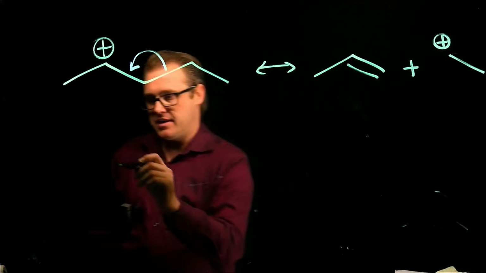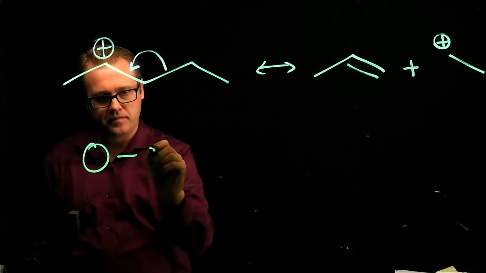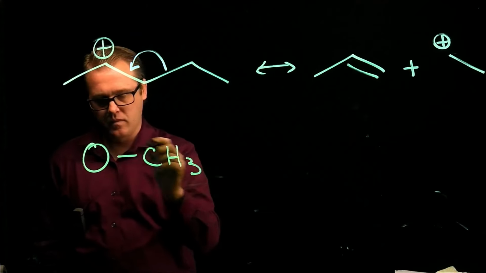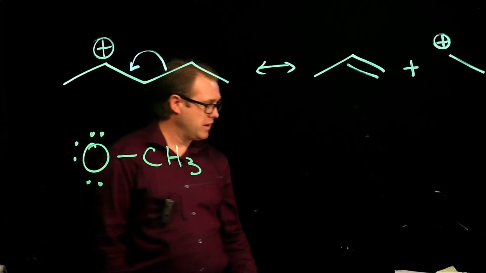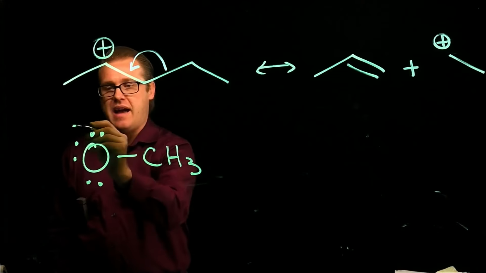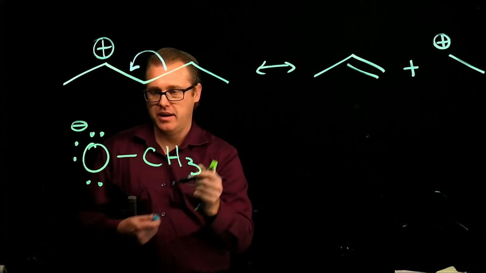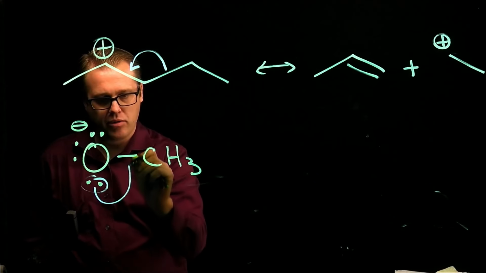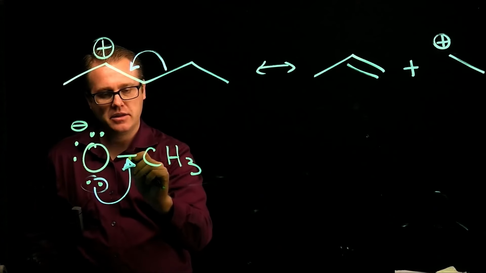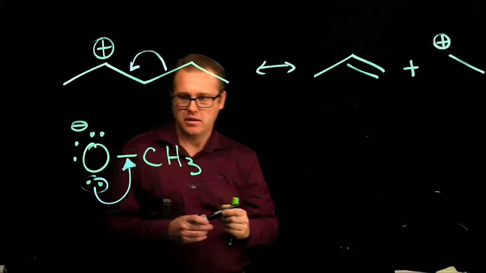So what if I had something like this? Okay. Is this valid? Can I do this? Let's take this lone pair here. What if I took it and put it like that? You see that's a double-headed arrow.